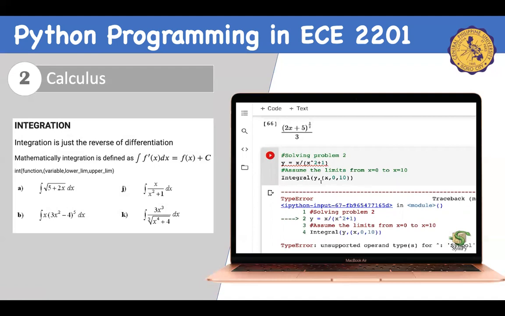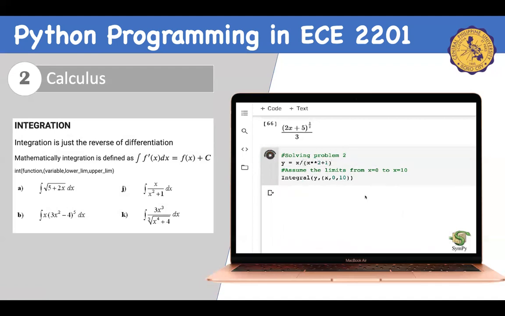Okay, by the way, here is a syntax error for x raised to the power of 2. We don't use caret here, but instead double asterisk. So this is double asterisk. So run the code. There you go.